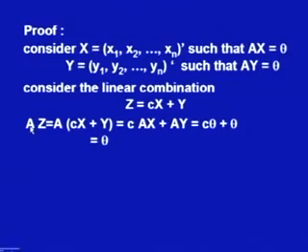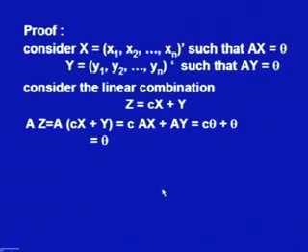So, Az is equal to A times the column vector Cx plus y, which is equal to C times Ax plus Ay. Since Ax is theta, this is C theta, which is 0, and Ay is theta. So, C theta plus theta is also theta. So, Az is equal to theta. So, this z is also a solution vector.